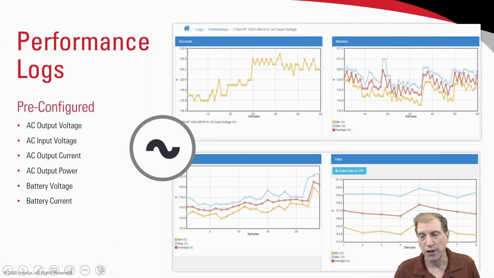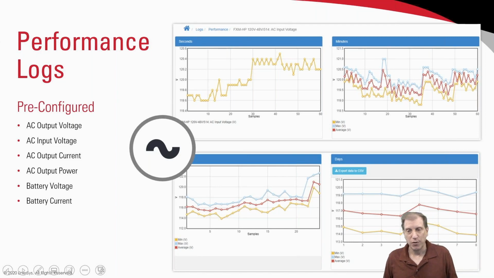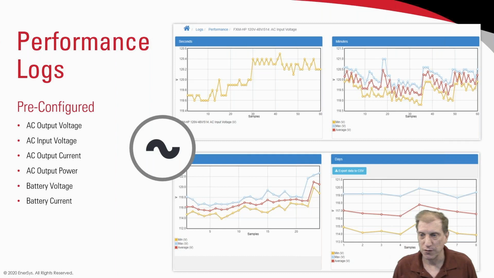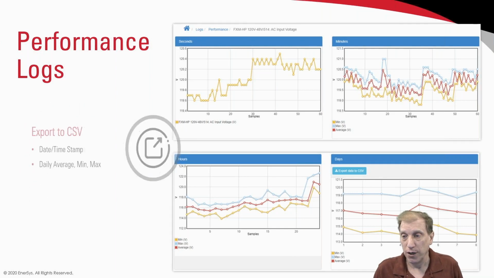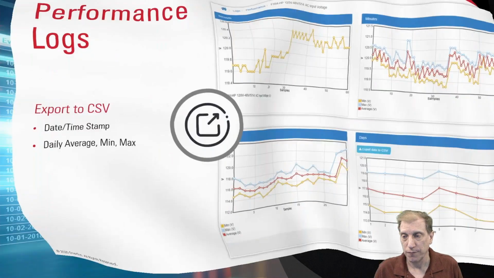And it's pre-configured to capture things like AC output voltage, input voltage, output current, AC power, battery voltage, current, and much more. Also, some of our processor information is captured too. So it's a quick, easy way to see what's going on without having to configure anything. And of course you can export, like I said.